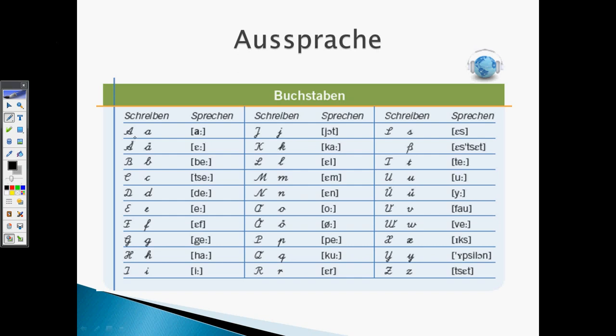So this is A, B, C, D, E, F, G, H, I, J, K, L, M, N, O, P, Q, R, S, T, U, V, W, X, Y, Z. Excuse me.